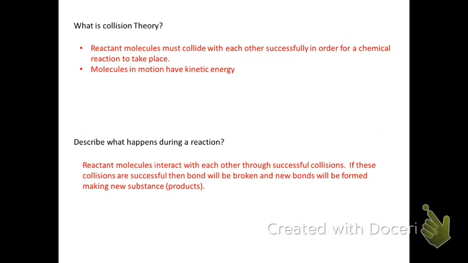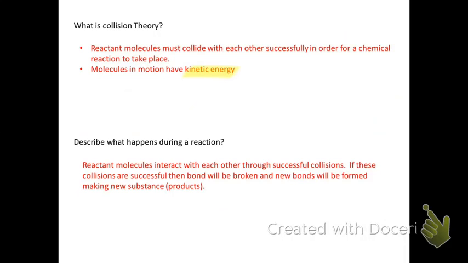Alright, so let's move on to collision theory. Remember, one of the essential questions that we need to understand is what is collision theory. Well, essentially what I want you to think about is that all molecules have kinetic energy. And because molecules have kinetic energy, they're in constant motion with each other. And once in a while, these molecules are going to interact through collisions.